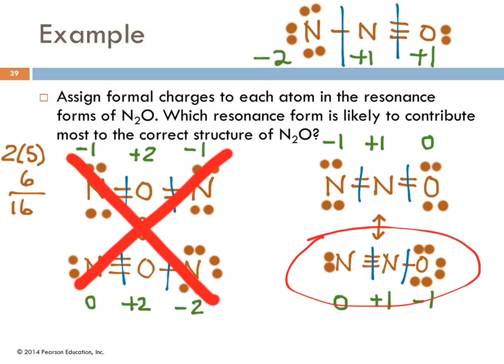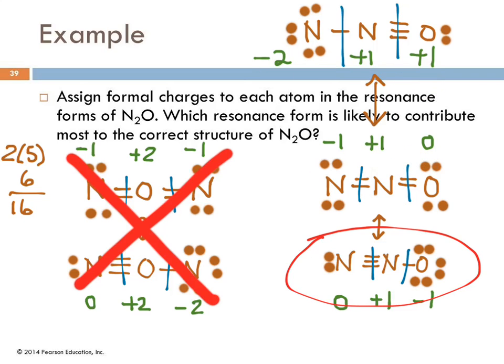Now, this is also a resonance structure with these guys. And I don't know where my brain was. Somewhere else. Looking at these formal charges, is this a good setup compared to these two guys? No. This has a 2 and 2 1s, and these guys had just 1s and a 0.